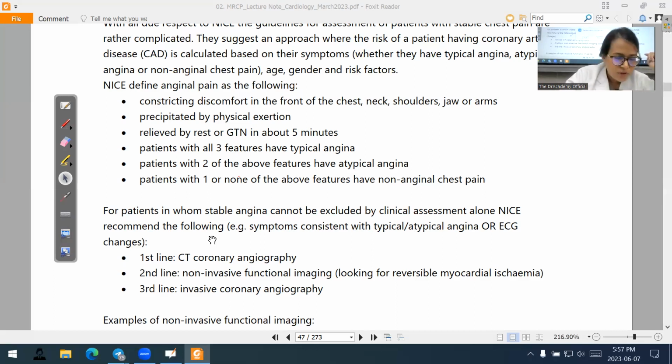Okay, so I'll read out the question for you. Atrial fibrillation, I will ask you. Okay, a 70-year-old man presented to the emergency department following a fall and head injury. This is his third fall in the past 12 months.